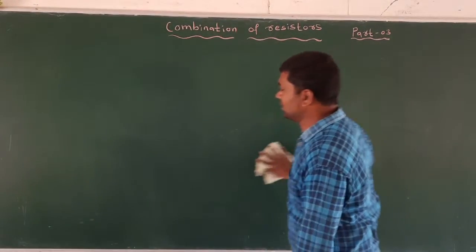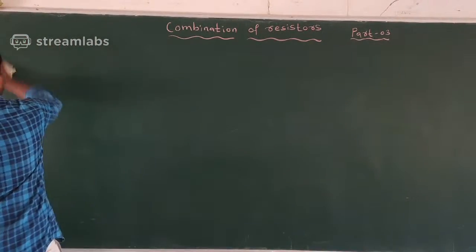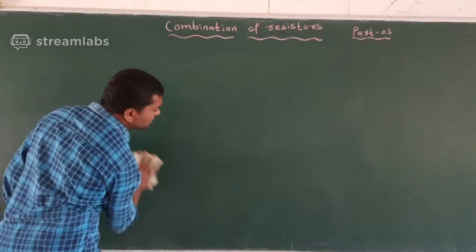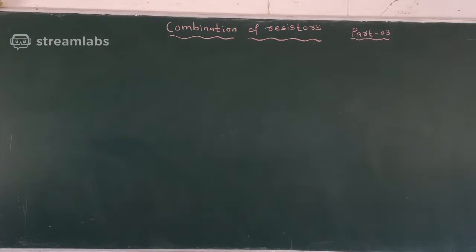By using this equation we can calculate the total resistance, the equivalent resistance, in series combination as well as parallel combination. So first we will discuss the combination of resistors. The combination of resistors is of two types.